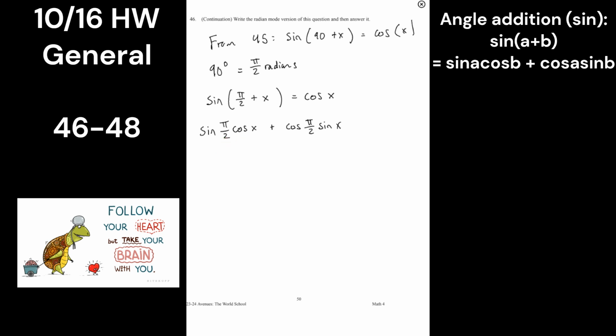So 1 times cosine of x is cosine of x. Cosine of pi over 2 is 0, times sine of x is 0. So this would equal cosine of x. I hope this is what the problem is asking for, but that's how to prove the radians still work. It's the same proof as 45, but instead of degrees, we just put it in radians.